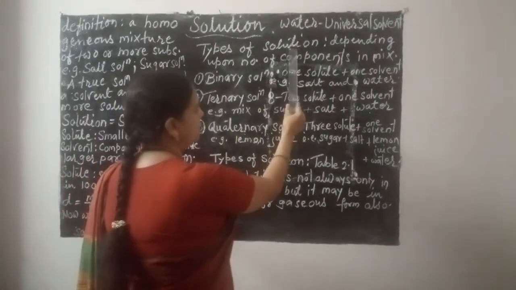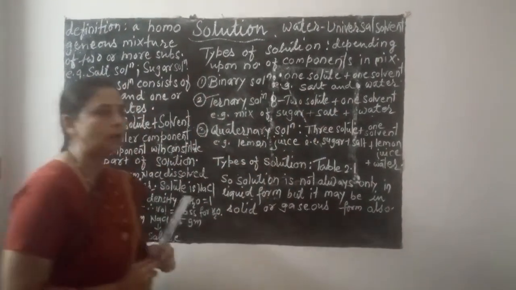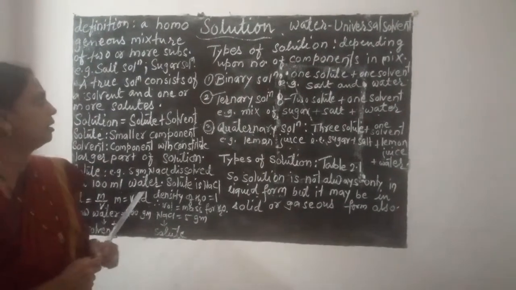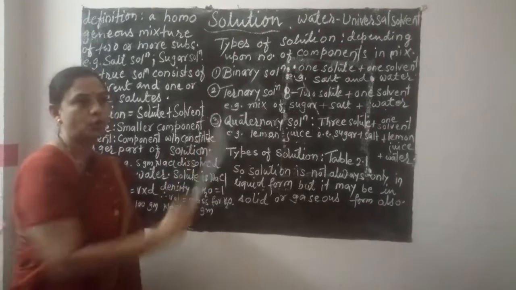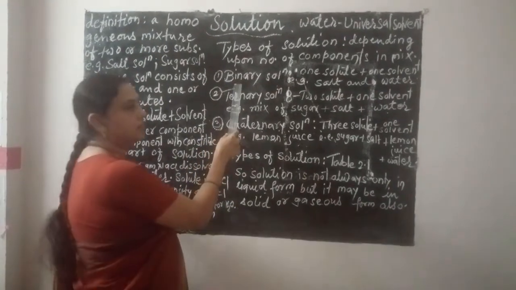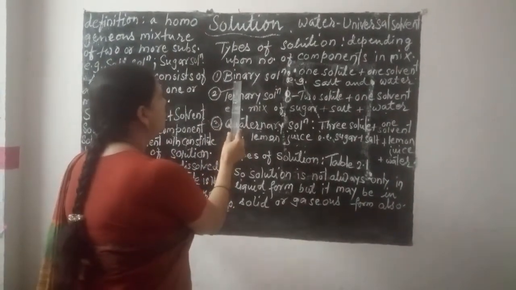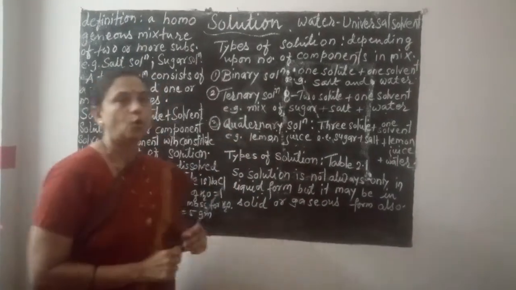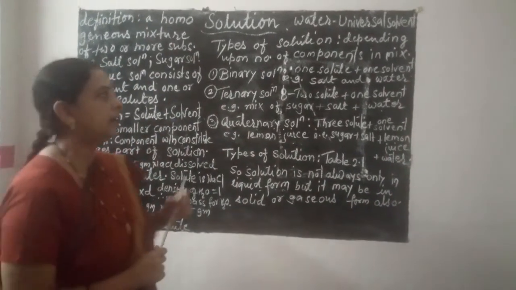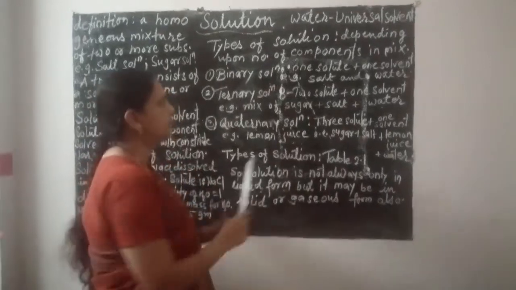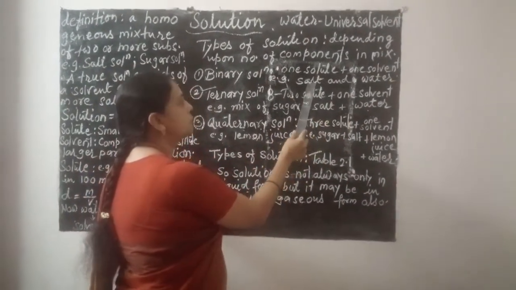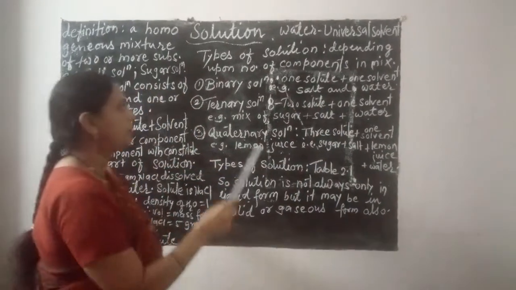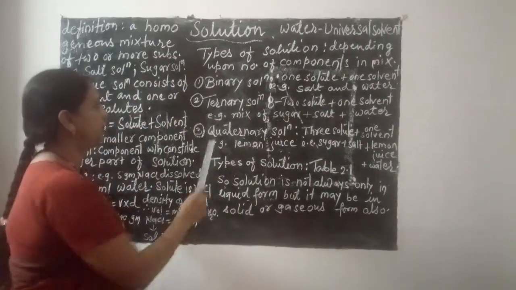Now types of solution. Depending upon the number of components in the mixture, the solutions are classified as binary, ternary and quaternary. From the name itself, you will know that binary solution means only one solute is present and one solvent is present. For example, when salt is dissolved in water, a mixture of salt and water, such type of solution is known as binary solution.